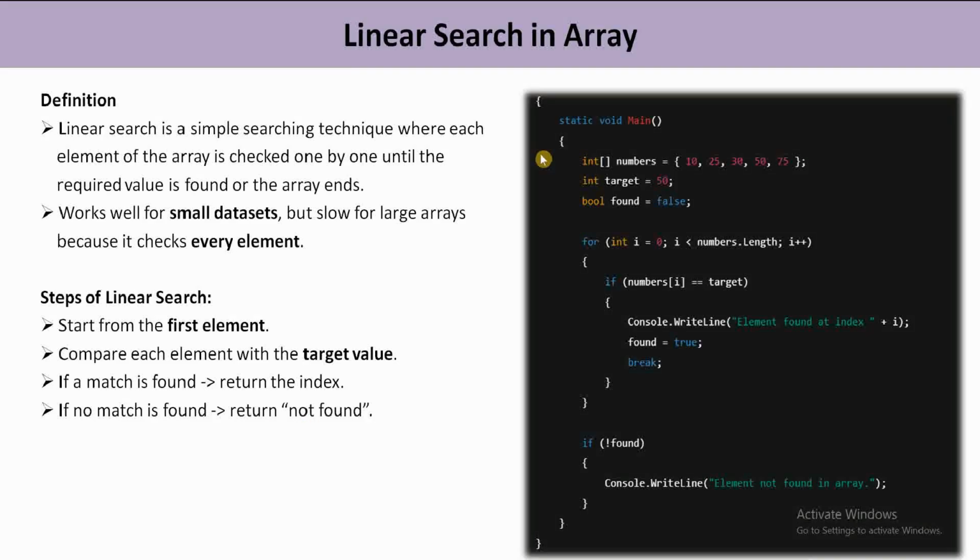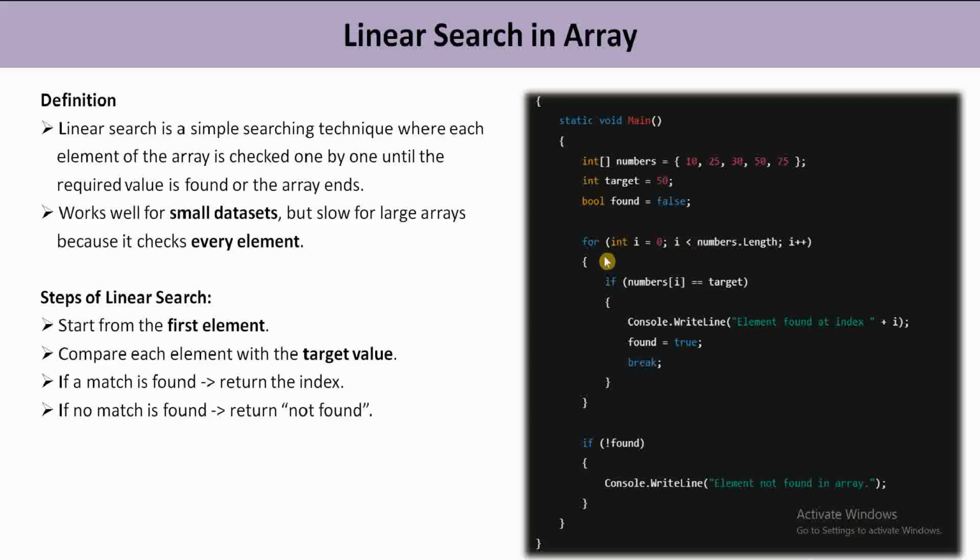Here we have the linear search example. First we have to declare an integer array with some values, five elements in this array, and we set the target value. We have to find this value 50 from this particular array, and here we also use a boolean value set to false.